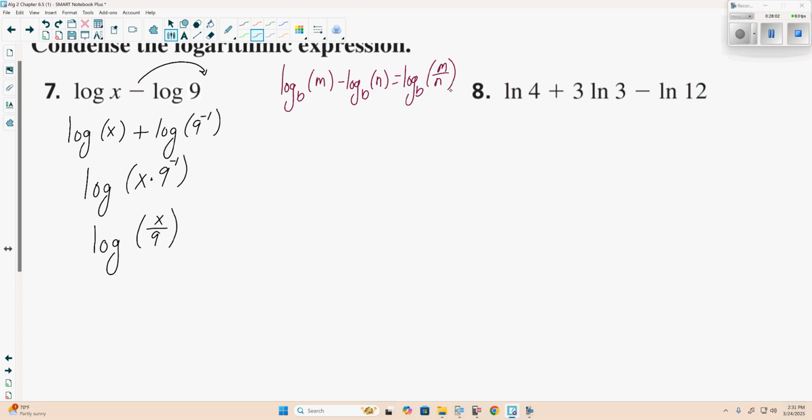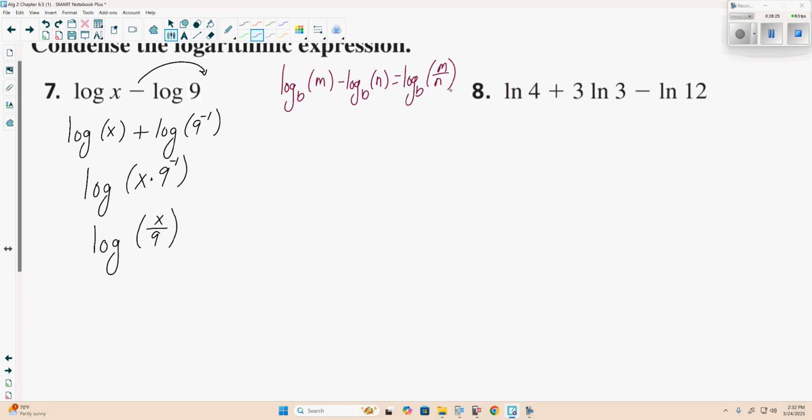Now, number 7 is one of the cases where taking the negative power isn't the most efficient way to do this. Because what I just wrote up on the board, log base b of m minus log base b of n is equal to log base b of m divided by n. That's just the quotient property, yes?